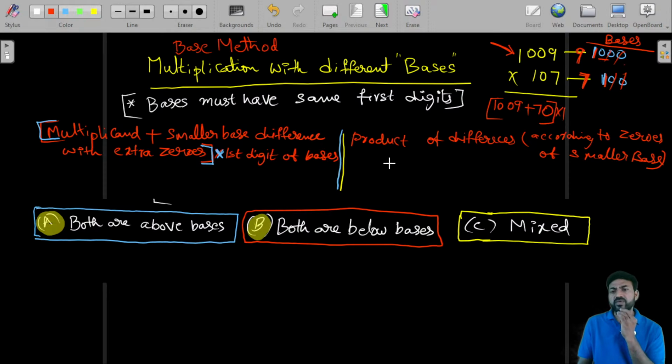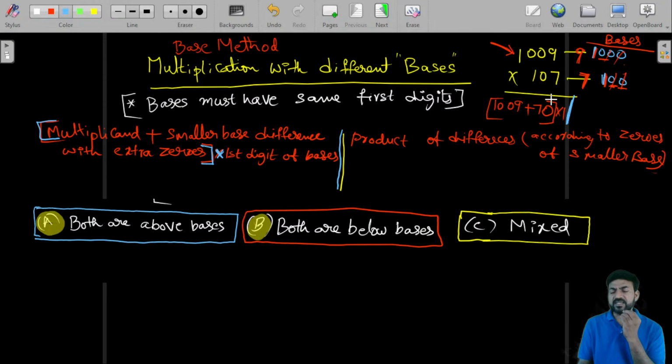Second part, as usual, the product of differences according to the zeros of the smaller base, same as in base method multiplication with same bases. What is the product of differences? 9 sevens are 63, according to the zeros of the smaller base. We have two zeros here, so we have to write in two-digit format.